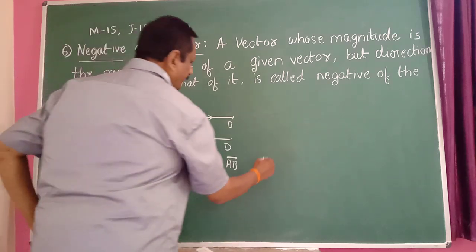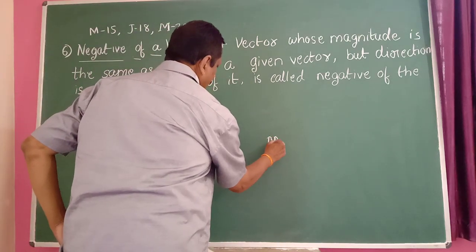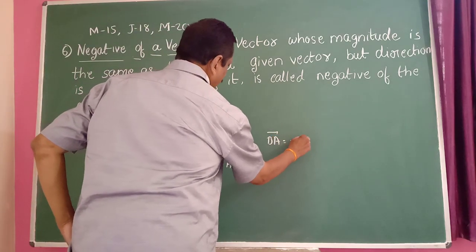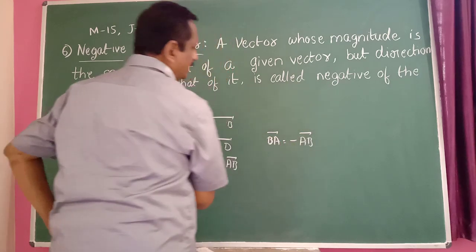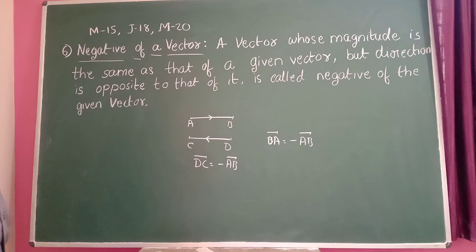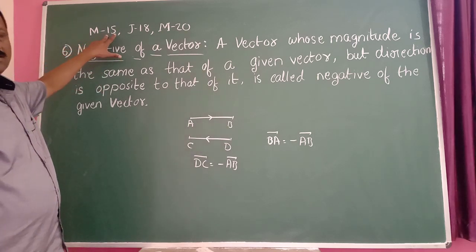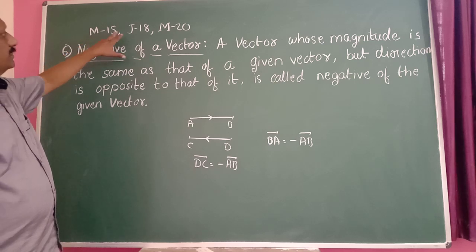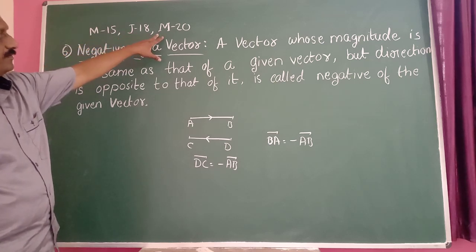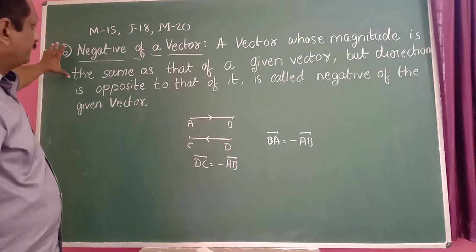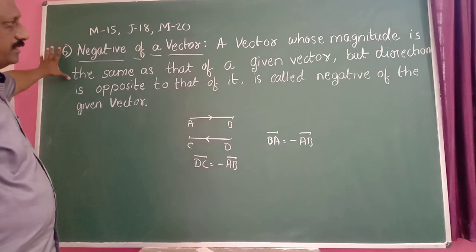Therefore you can write BA is equal to minus AB. It is said to be the negative of the vector. They asked this three times: March 2015, July 2018 and March 2020. So this is a very important definition.